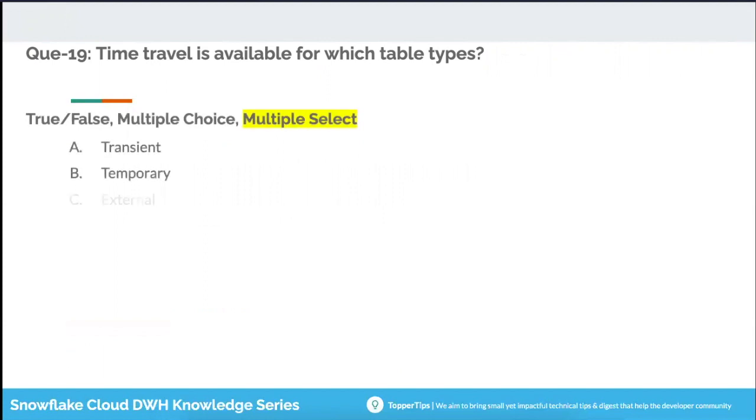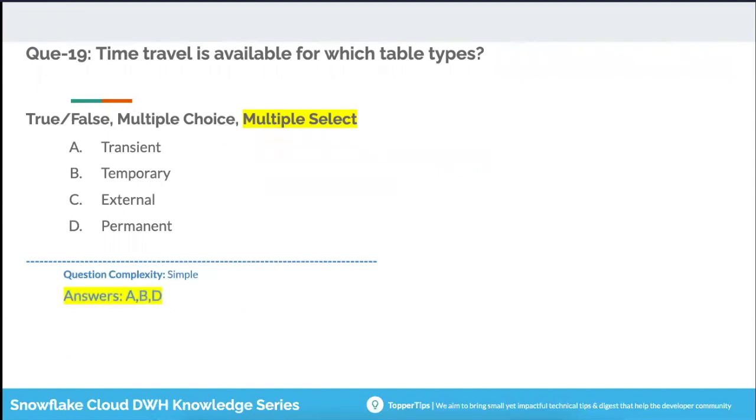Question number 19, time travel is available for which type of tables? This is also a pretty simple one. And the answer is, except for external tables, time travel is available for all types of tables.